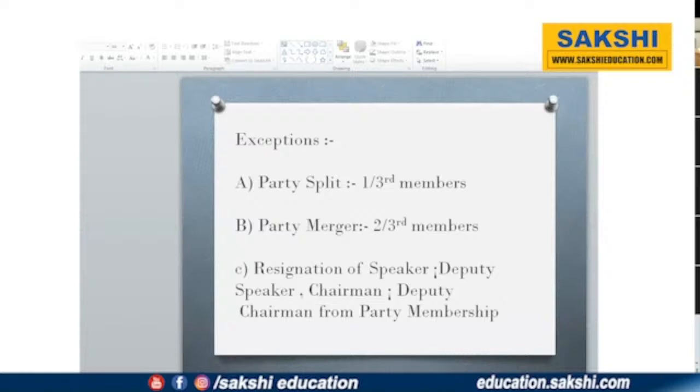At the same time, if two-thirds of the members of a particular party give their consent for the merger of that party into another party, for example, the case of the Prajarajam party. Hope you remember that in the Telugu states, the Prajarajam party was formed by the Telugu film actor called Chiranjeevi.